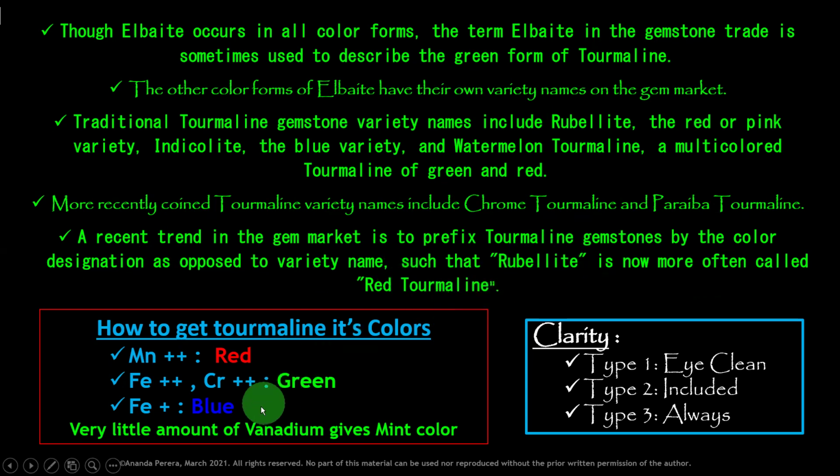Now you can see how tourmaline gets its colors. Manganese, 2 plus, manganese, iron. If manganese is mixed into tourmaline, it gives red color. So manganese is the reason for the red color in tourmaline. Ferrous and chromium are giving green color.